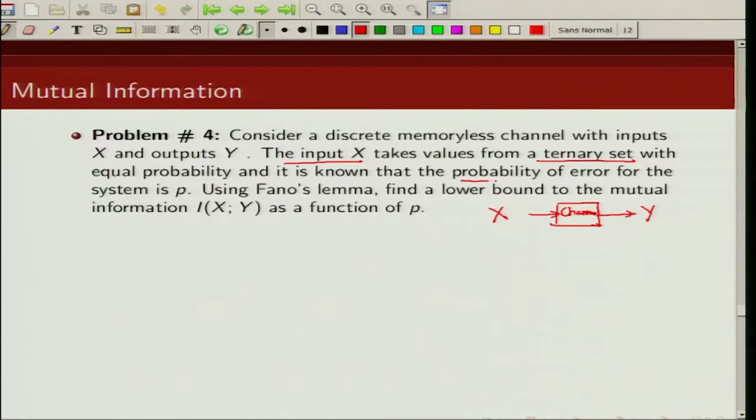It is known that the probability of error of this system is P. Now, using Fano's lemma, you have been asked to find a lower bound on the mutual information between X and Y as a function of P.